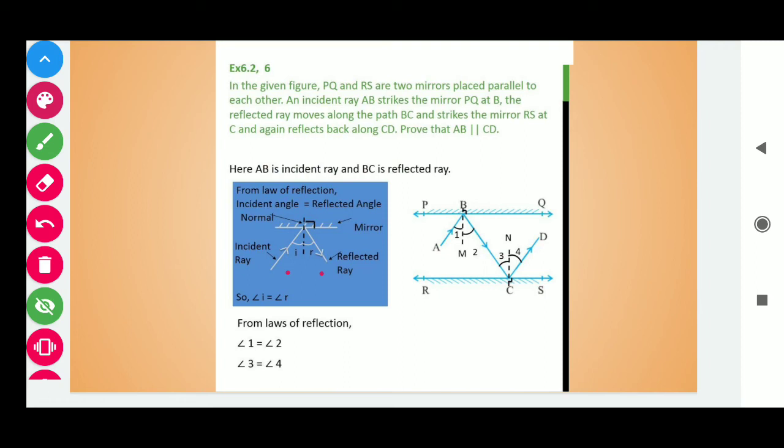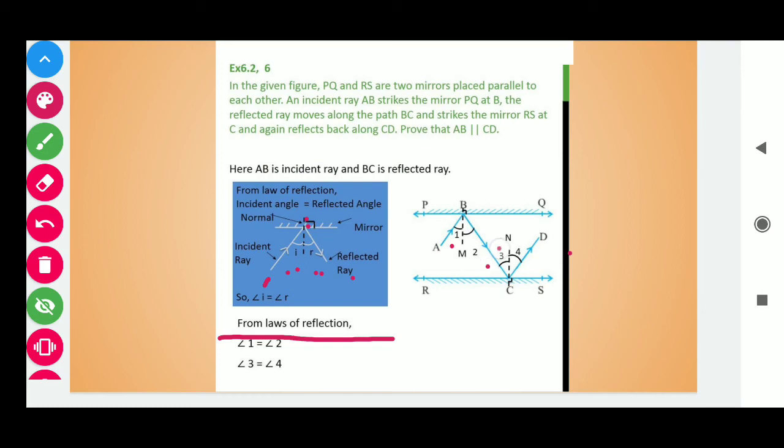You can see that incident ray and reflected ray, from the laws of reflection, these two angles must be equal. So students, you can see here that in this diagram angle 1 is equal to angle 2 because of the laws of reflection.